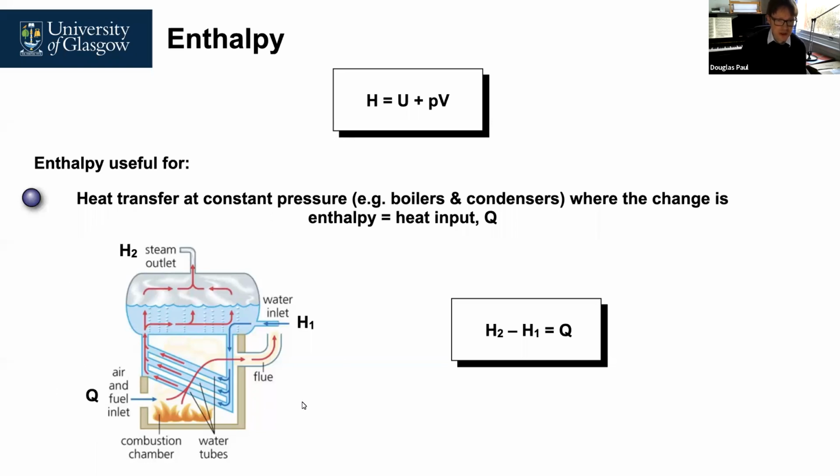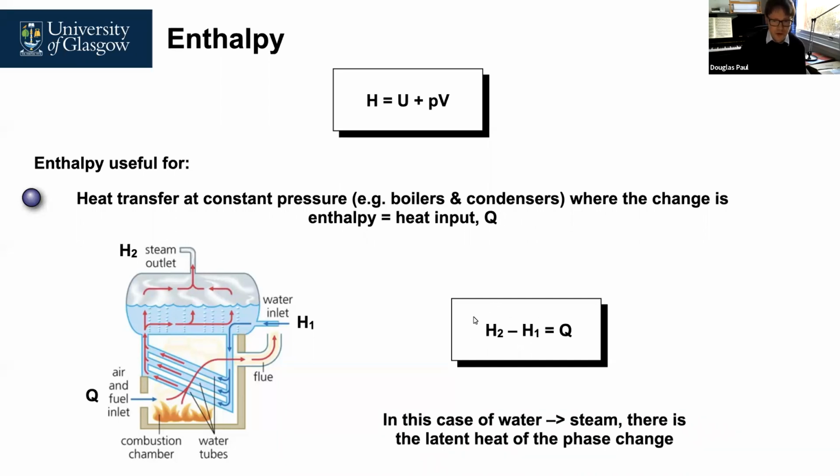And you can maybe now understand why this was defined for the study of steam engines, because we get a very simple equation here that the output enthalpy minus the input enthalpy of the water and steam in the system is equal to the heat that we've actually put into the system to turn the water into steam.